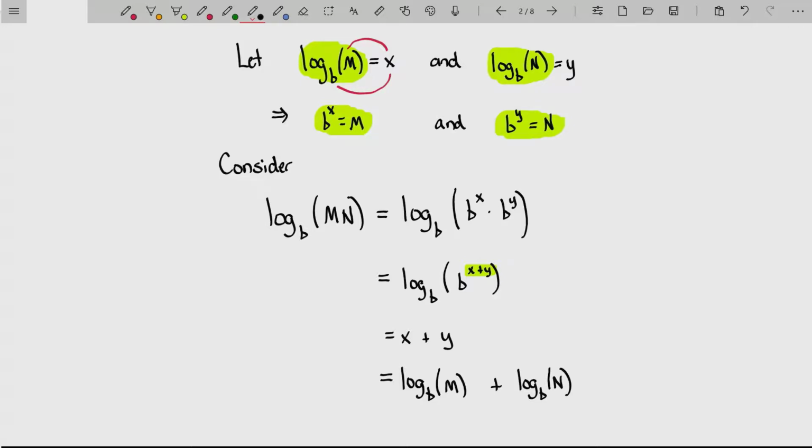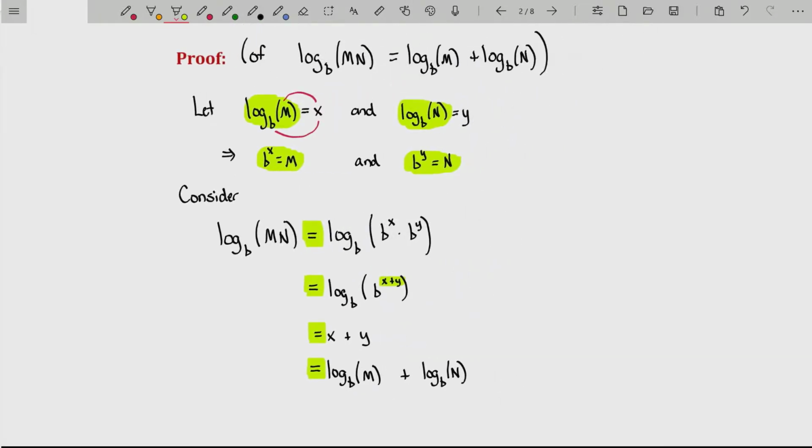And if you look at the chain of equalities, that's what we would call this, a chain of equalities, we have shown that log base b of m times n is equal to log base b of m plus log base b of n. And that's exactly what we wanted to prove. So this proof is done. QED.